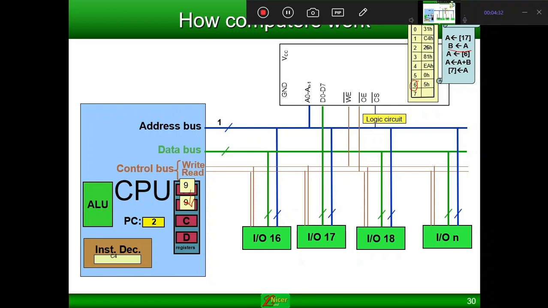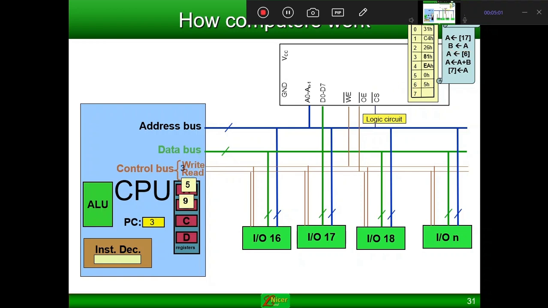When the program counter reaches 2, 26 is loaded in the memory, and when the program counter reaches the third position, which says that the value present at the 6th position is stored in A, the address of 6 is assigned, which carries the value of 5 hex, so that 5 is loaded.